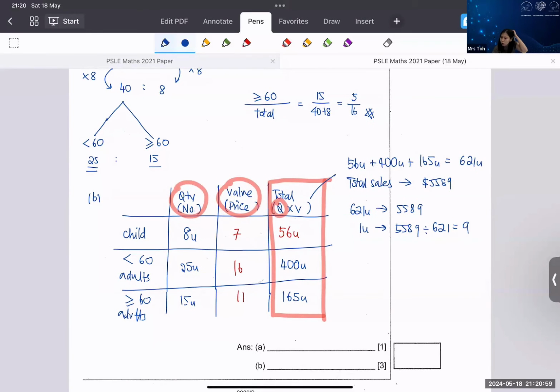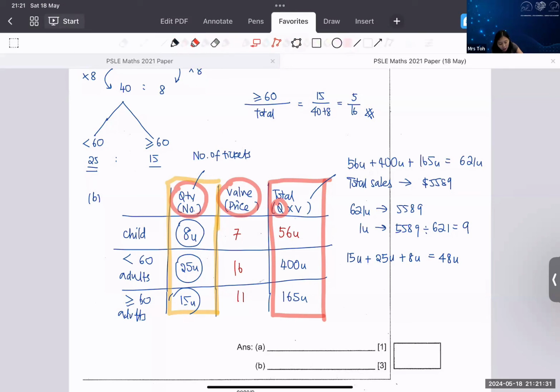Now, this is the crucial part. How can we find the number of tickets? You have to go to the correct column. Quantity tells us the number of tickets, which means that if you add up 8 units, 25 units, and 15 units, that will give you the number of tickets of all the 3 categories. When you add it up, it will give you 48 units. So you must know where to get your answers.